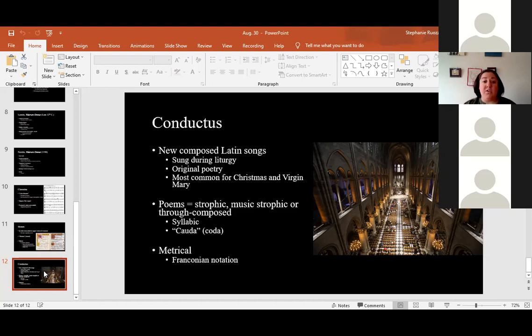So the music could also be strophic to match the poem, or if composers really wanted to stretch themselves, it could be through composed, and the music could have no repetition, no overarching structure. It was just something new for every phrase. Does that make sense? The poems are strophic, but the music could be strophic or through composed.